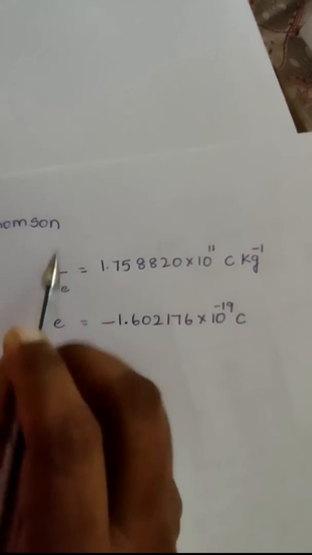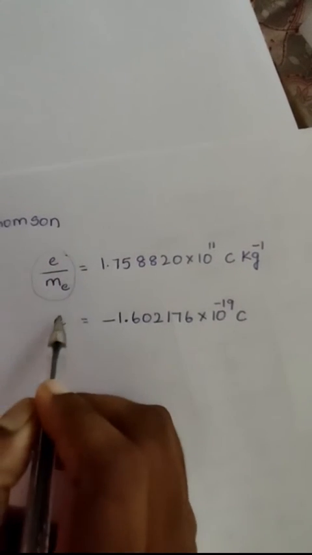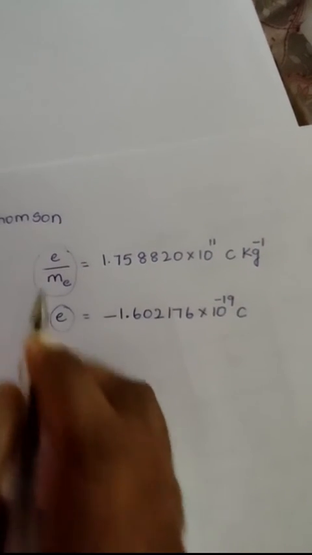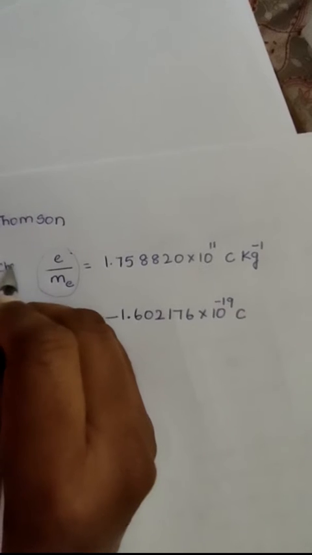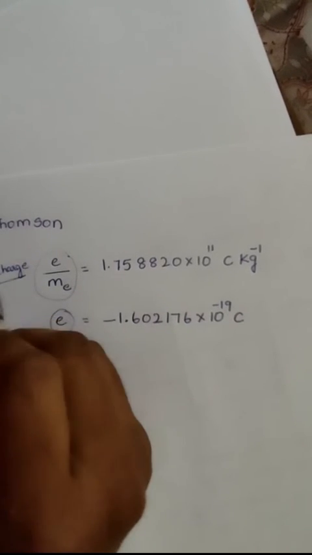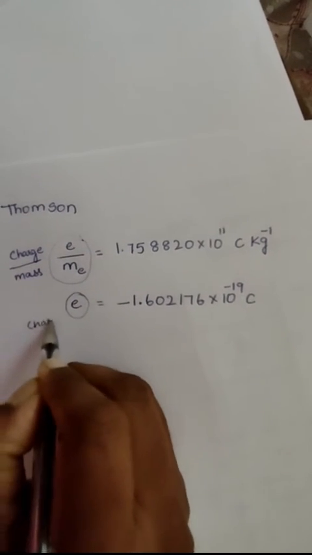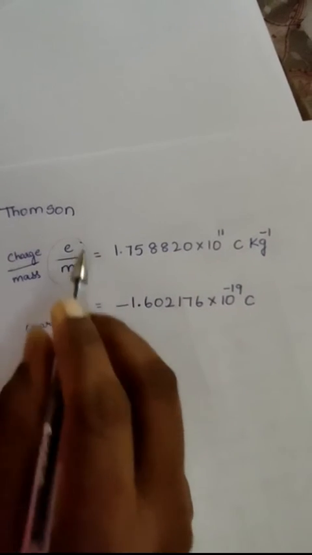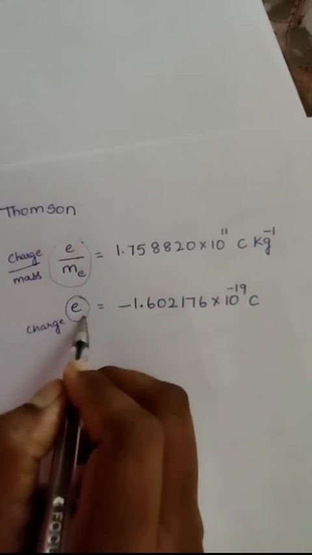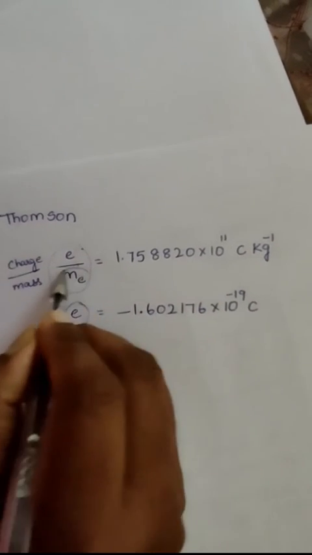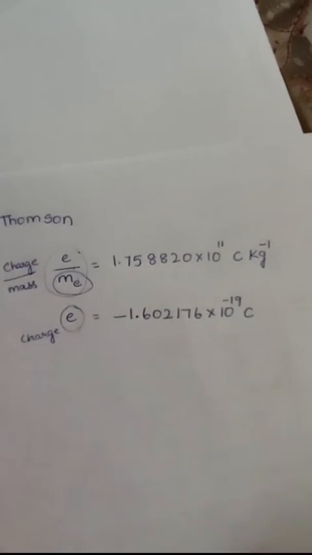So, if we know the charge by mass ratio and the charge value, from these two we can calculate the mass of the electron.